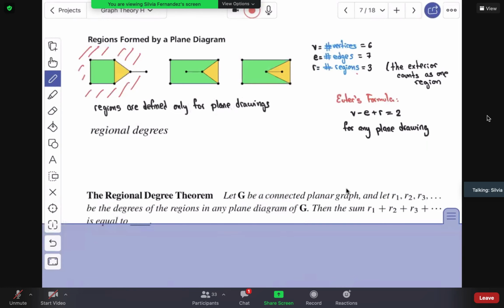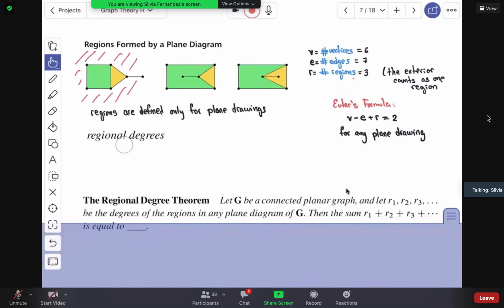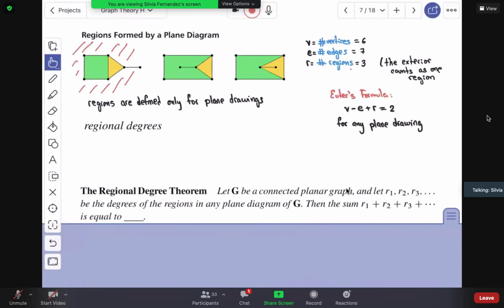You see, if you take the plane, draw your plane drawing, so imagine you actually have the entire plane, draw your plane drawing with the vertices and the edges. If I were to remove all my vertices and all my edges from the plane, the plane gets disconnected.